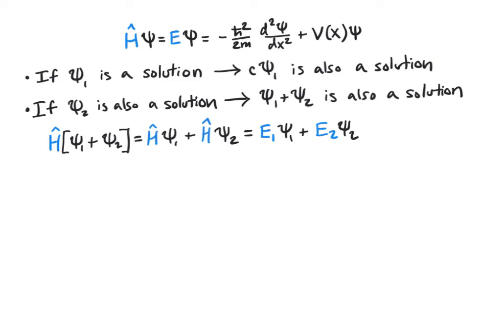But here's the rub. What is the energy of this wave function, psi1 plus psi2? It's not E1, and it's not E2, and it's not E1 plus E2. It's a linear combination of E1 and E2. This wave function represents a state in a superposition of energy.